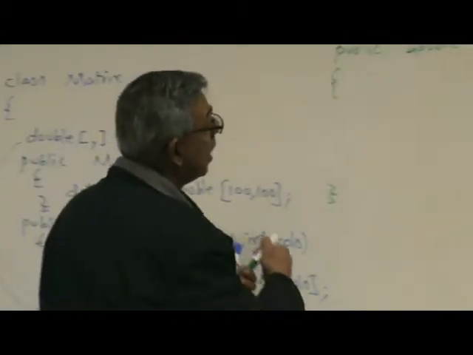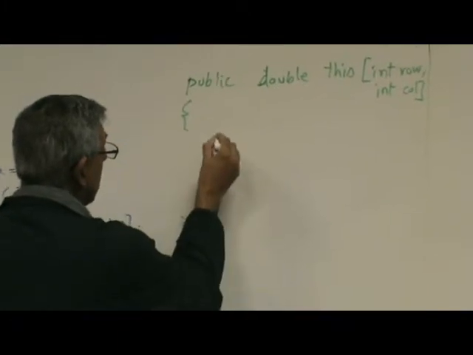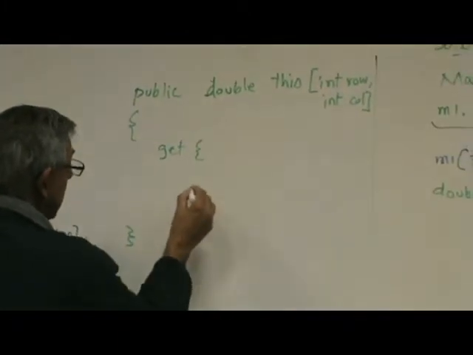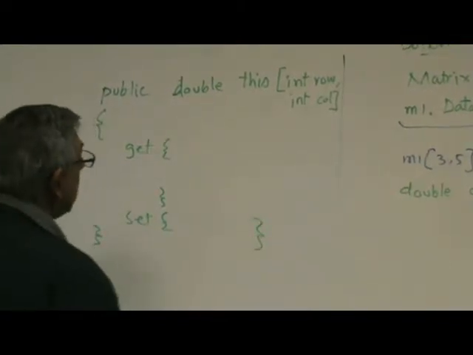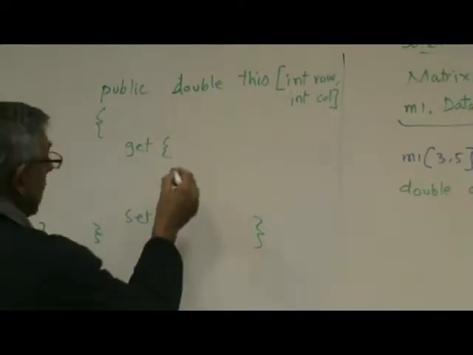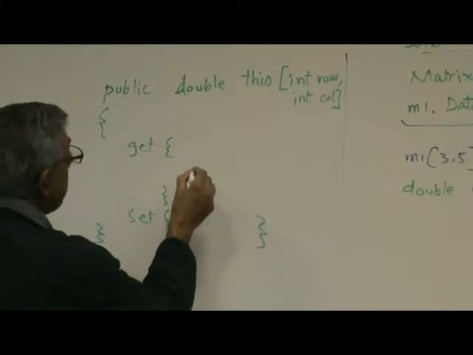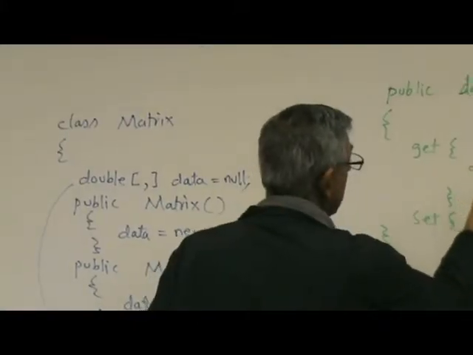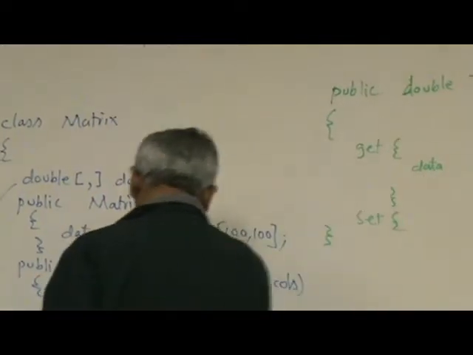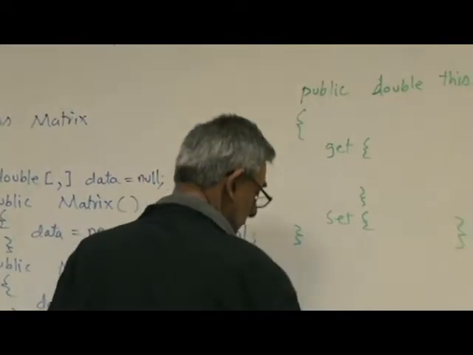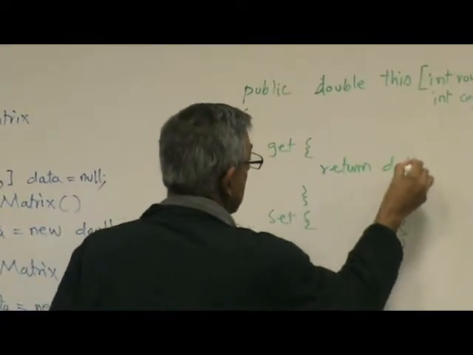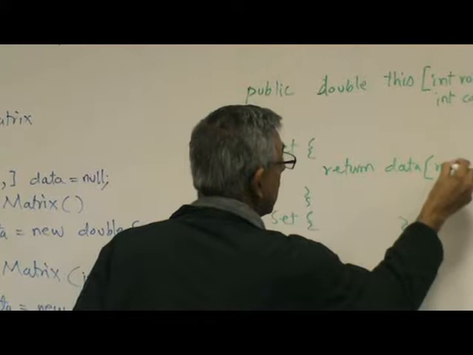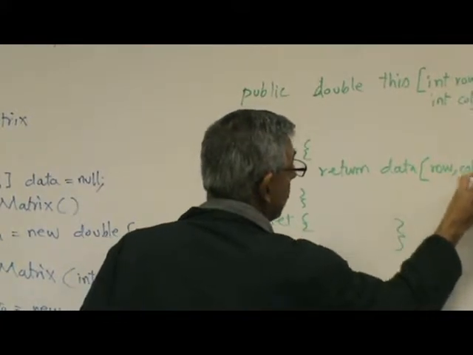So anyway, there is a get part in the indexer, there's a set part in the indexer. Okay, so we can simply say our array is called data, so we can simply say return data of row, comma, column.